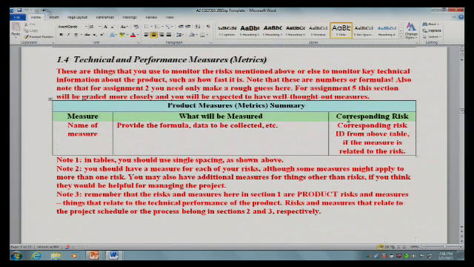Similarly for the measures, I don't expect you to have much here, but if you do, I'll give you comments on it. Basically, the idea is, if you have a risk, what could you measure to tell whether or not the risk is getting worse? For example, if the risk was, I don't think I have enough memory, then you could measure how much memory you predict it's going to take and then track it through the project. But we're going to talk more about that later in the course.